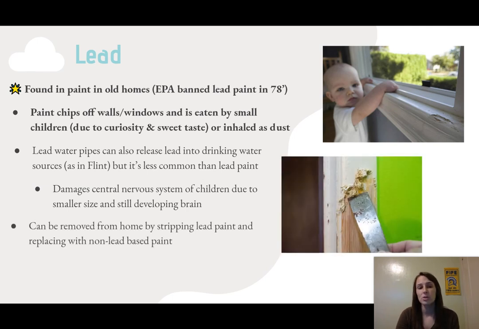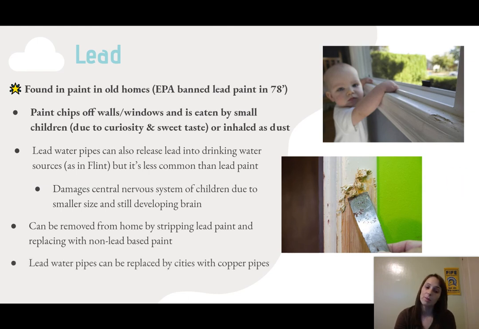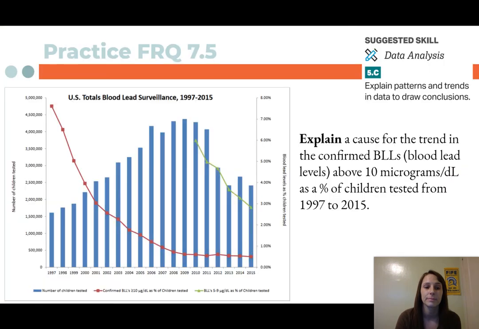One of the things to help with this is to remove any lead paint that you might have in a home by stripping it and then replacing it with a non-lead based paint. And then the lead water pipes can be replaced by cities with copper pipes. Also within your house, if you have lead pipes, you can replace them with copper pipes.